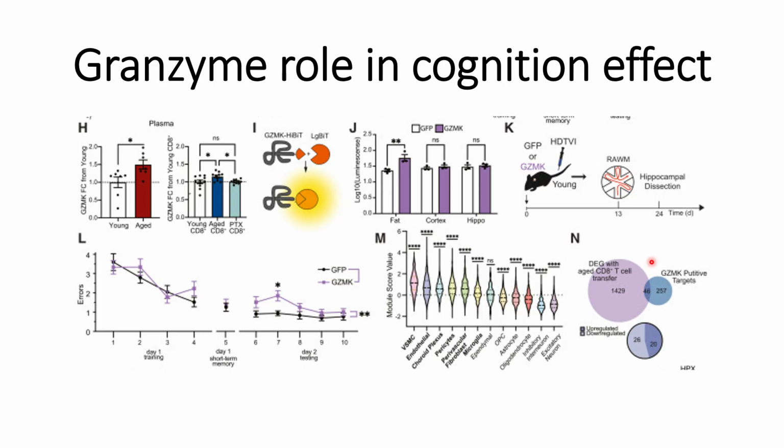This will give us a common idea of pathways showing how the Granzyme overexpressed by CD8 plus T cells causes this cognition weakening, cognition decline, because the CD8 plus T cells have a direct role in the increase in the Granzyme shown in panel H. By analyzing the Granzyme pathways and the dysregulated CD8 plus T cell pathways, these common genes could give us an idea about the pathways affected because of both CD8 plus T cells and Granzyme.